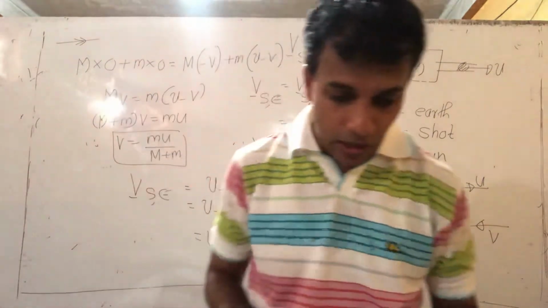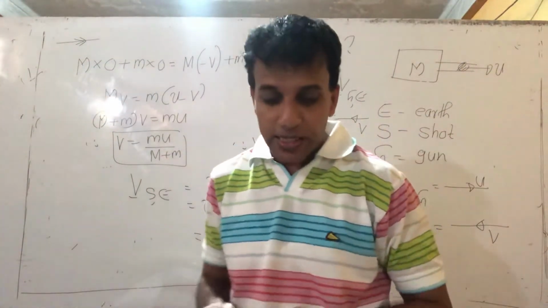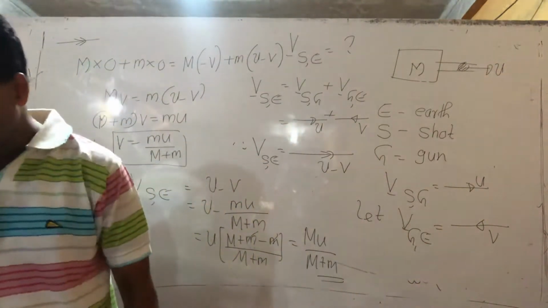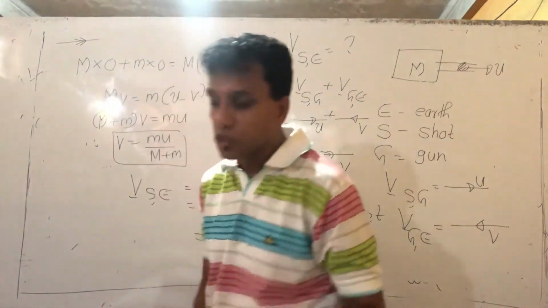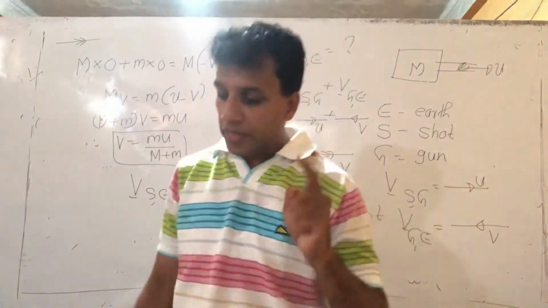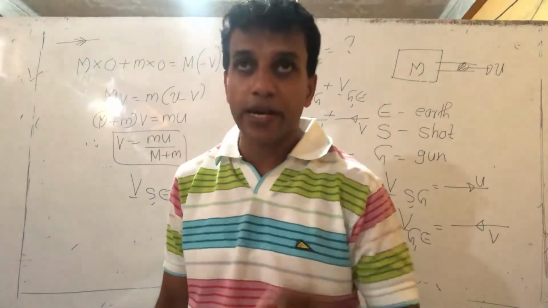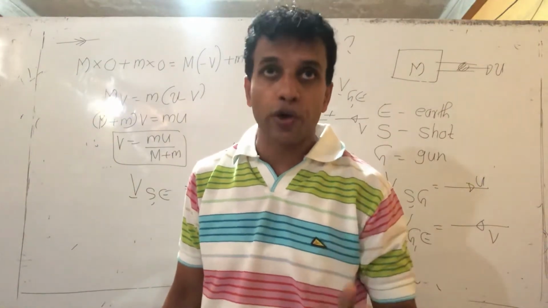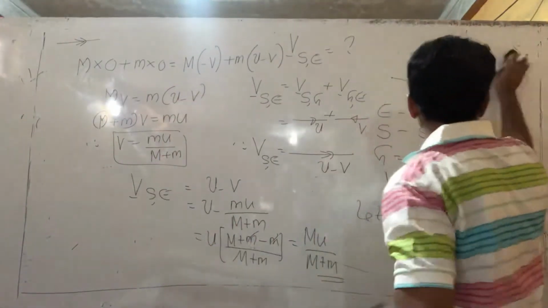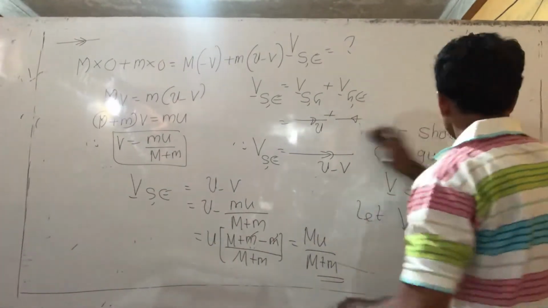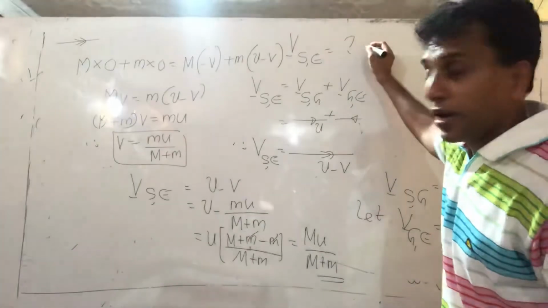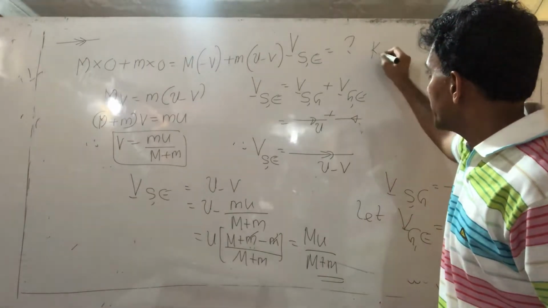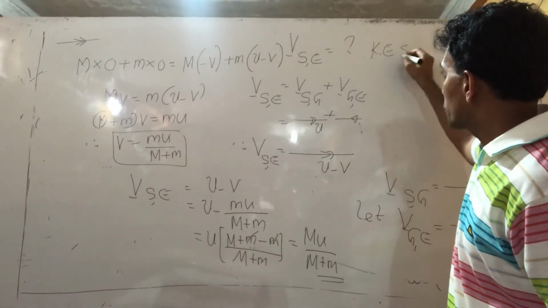Now they ask, and their kinetic energies are inversely proportional to the masses. That means find the kinetic energy of the shot separately, kinetic energy of the gun separately, and you can find the ratio. Proportional means ratio, right? So let's write the kinetic energy of the shot.